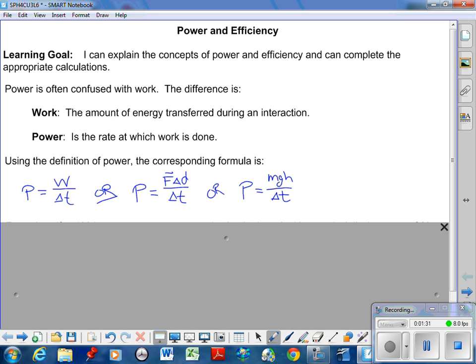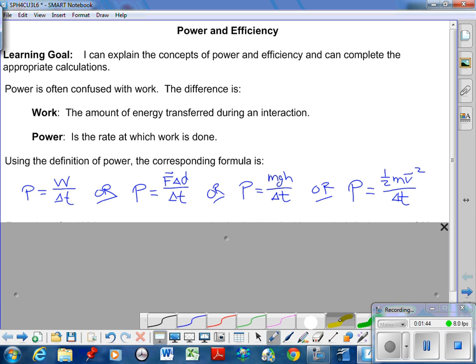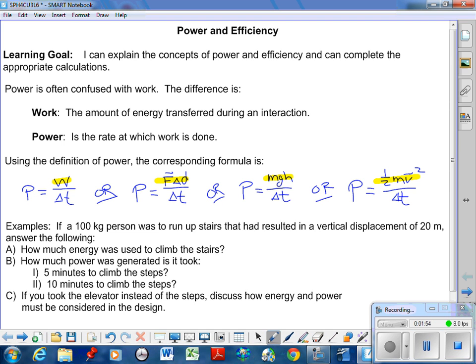That's also a possibility. Or it could be kinetic energy. Power is 1/2 mv squared over delta T. So you can substitute any formula we have for energy into the numerator here to do this calculation. All right? So if the question is talking about kinetic energy, that's okay. You can plug it into the power formula.